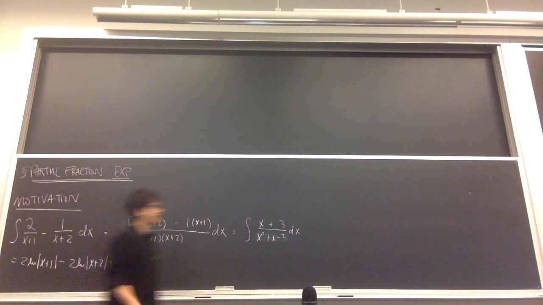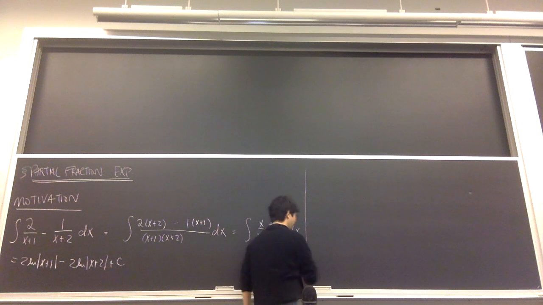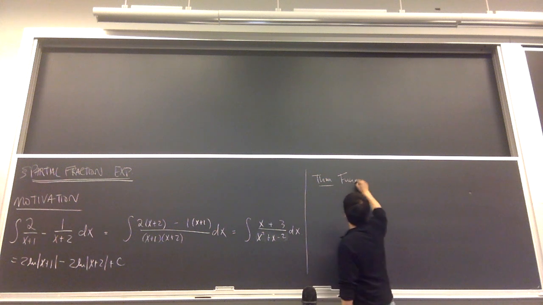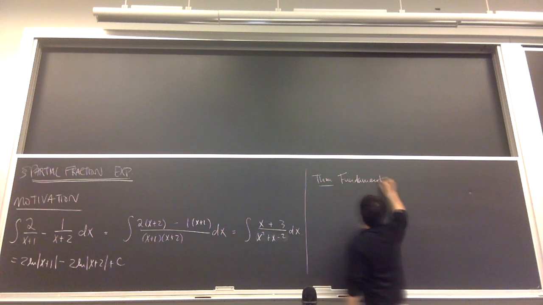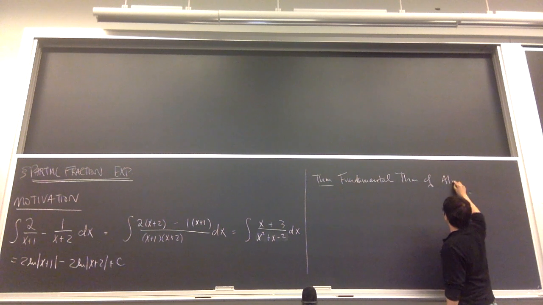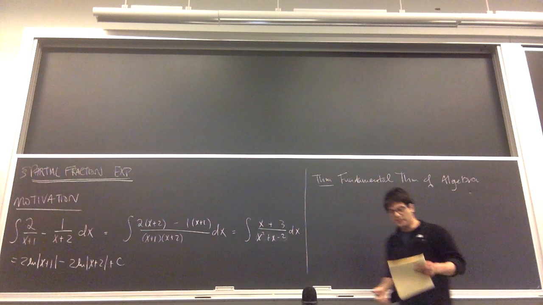Okay, so before we continue, I just have to state a scary looking result from a different place in mathematics. This is called the fundamental theorem of algebra. And the fundamental theorem of algebra states this.